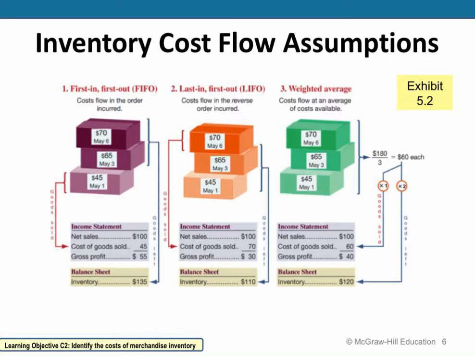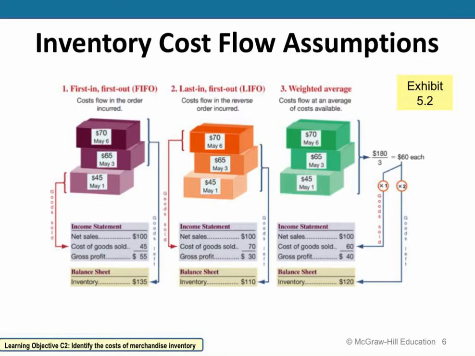Weighted average is going to give you a little bit of a split between the two, to where you're going to add up the entire cost of the warehouse prior to the sale, divide by the number of items. Here, we would have $180 for the amount of the warehouse cost, 3 items, so $60 apiece would be the average. Now, even though no single item in this warehouse costs $60, we're going to treat each one as if it were $60.